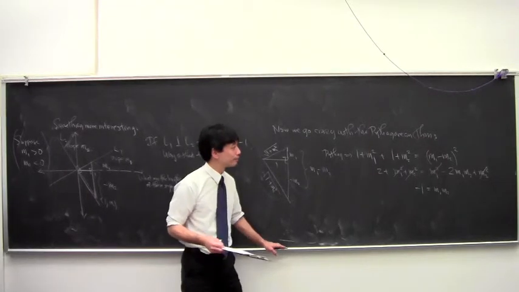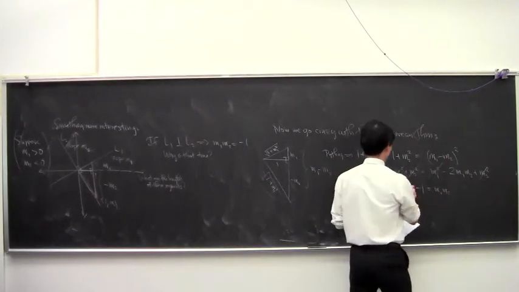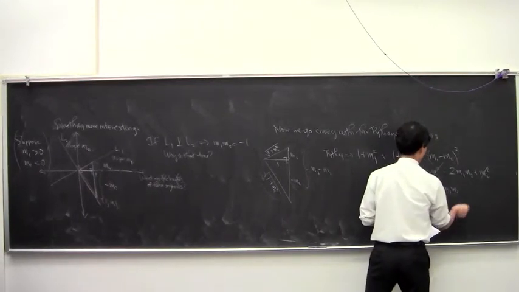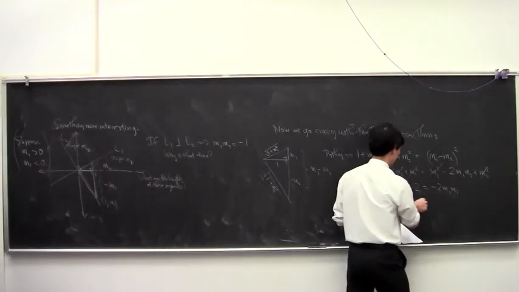Where did you get that negative 1? Because at the end I'm left with 2 equals negative 2 m1 m2, and then I divide both sides by negative 2.